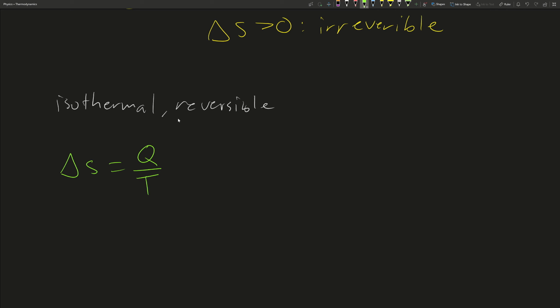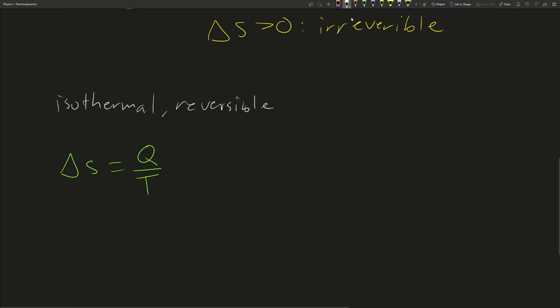And now I said this is for reversible processes, but if you have something that's irreversible, you can construct an equivalent reversible process and apply this equation, which will also give the entropy change for that irreversible process.